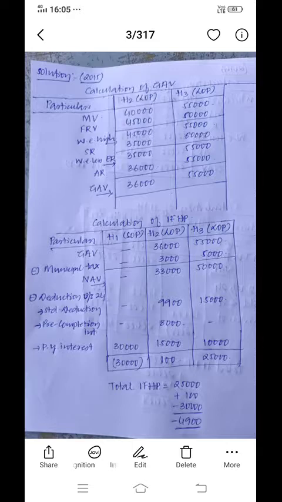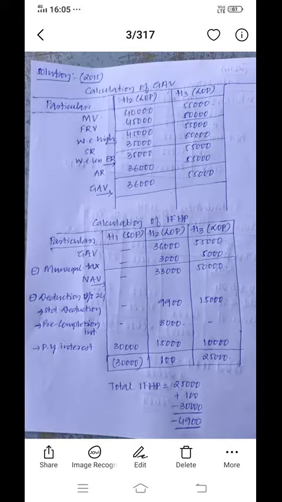For the second house, NAV is 33,000, of that you have to take 30%, so 9,900. Third house, how much is NAV? 50,000. Of that 30% is 15,000. So standard deduction at 30% you have to give.